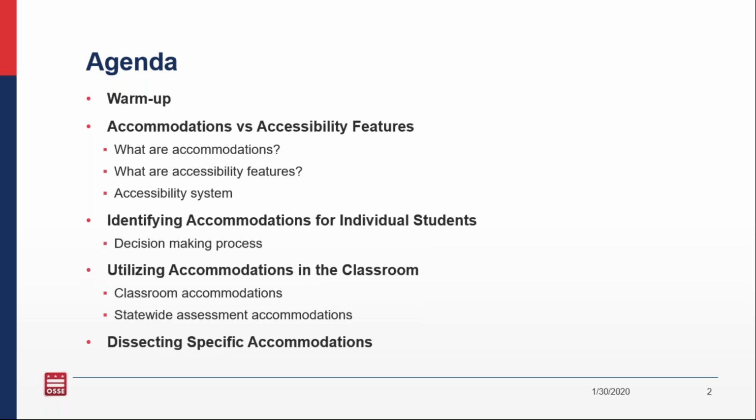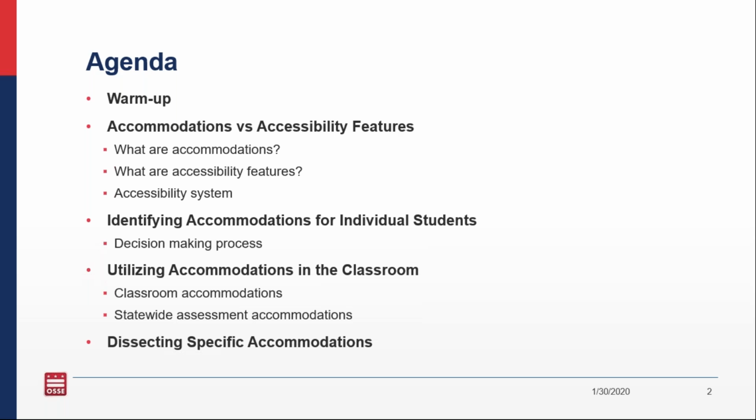So our agenda, we're going to begin with a quick warm-up activity, followed by diving into accommodations versus accessibility features. What are accommodations exactly? What are accessibility features? And utilizing the accessibility systems to identify those. We're also going to discuss identifying accommodations for individual students and the decision-making process. So what steps should IEP teams as well as LEAs take to ensure that the correct accommodations are being identified?